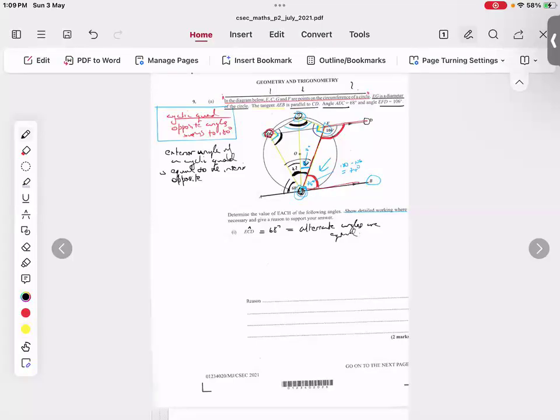If there's some merit behind your reasoning, you'll get the marks. Because we know, students, the amount of theorems that exist, we know you're not going to remember everything. For you to get the right answer, there has to be some merit behind your calculation. You can't come up with 142 without having some merit.